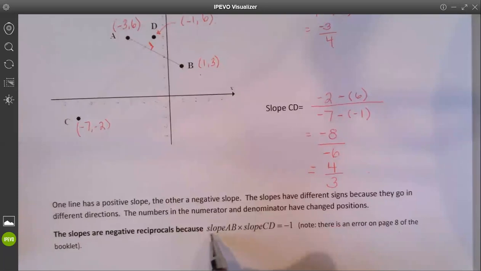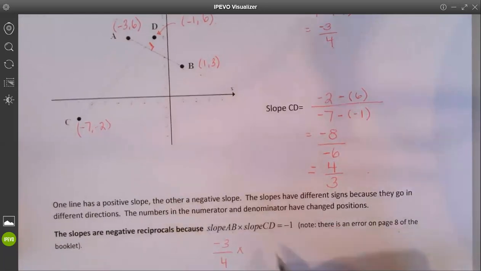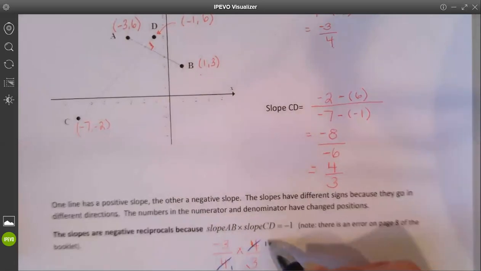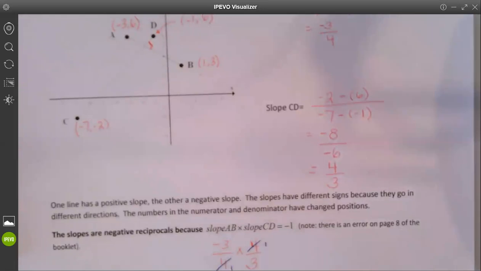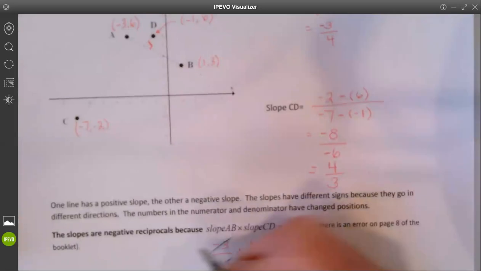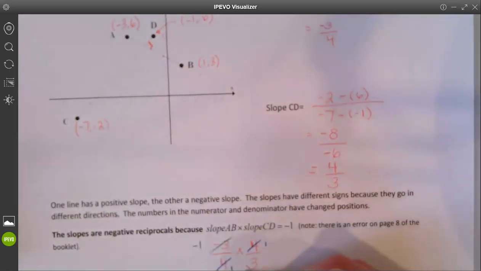So let's verify this. The slope of AB is equal to -3/4. And I'm going to multiply that by the slope of CD, which is 4/3. Using our skill of reducing before we multiply, we can divide the numerator and the denominator by 4 to get ones. And we can divide the -3 by 3 to get a -1, and the 3 by 3 also to get a 1.